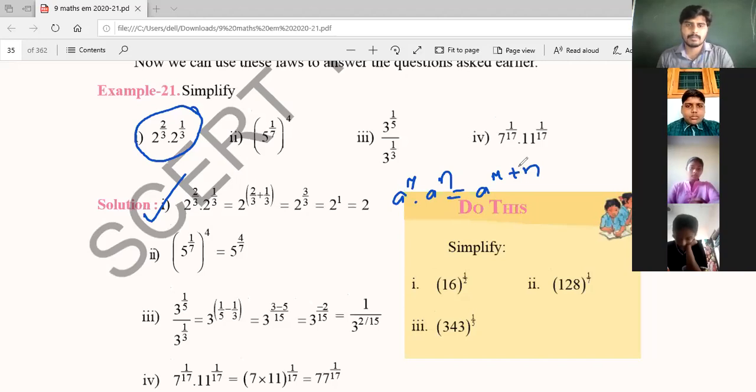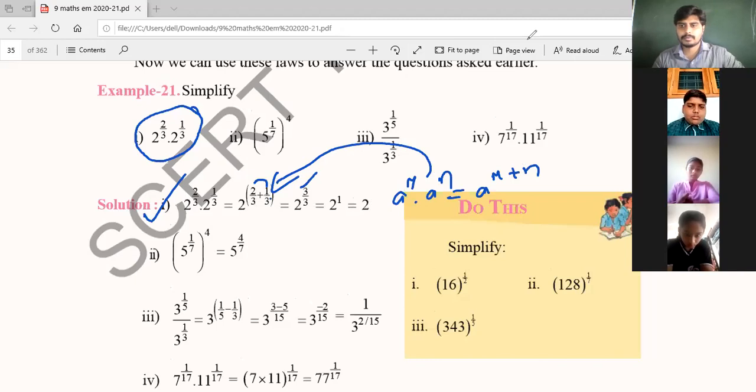That formula we have used here. Now 3 by 3 is 1, so we get 2 power 1, which is equal to 2. Any doubts, Nana?